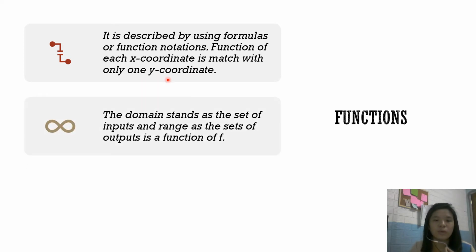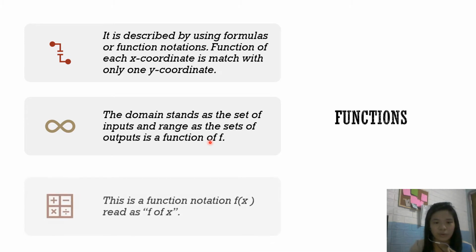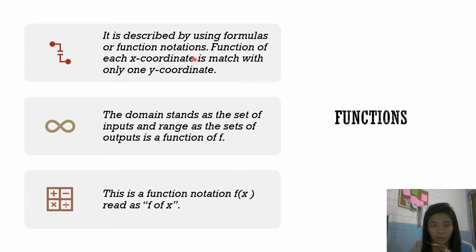Second, the domain, which is the x coordinate, stands as the set of inputs and the range as the set of outputs of a function f. It is described by using formulas or function notation. An example of function notation is this symbol, f open parenthesis x close parenthesis, which is read as f of x.